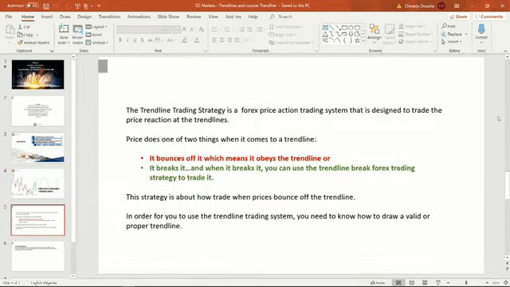Now, trend lines. Trend line is a strategy because of the way the market moves. When you think of the forex market, let me use this word picture to explain it. The forex market is like a river.